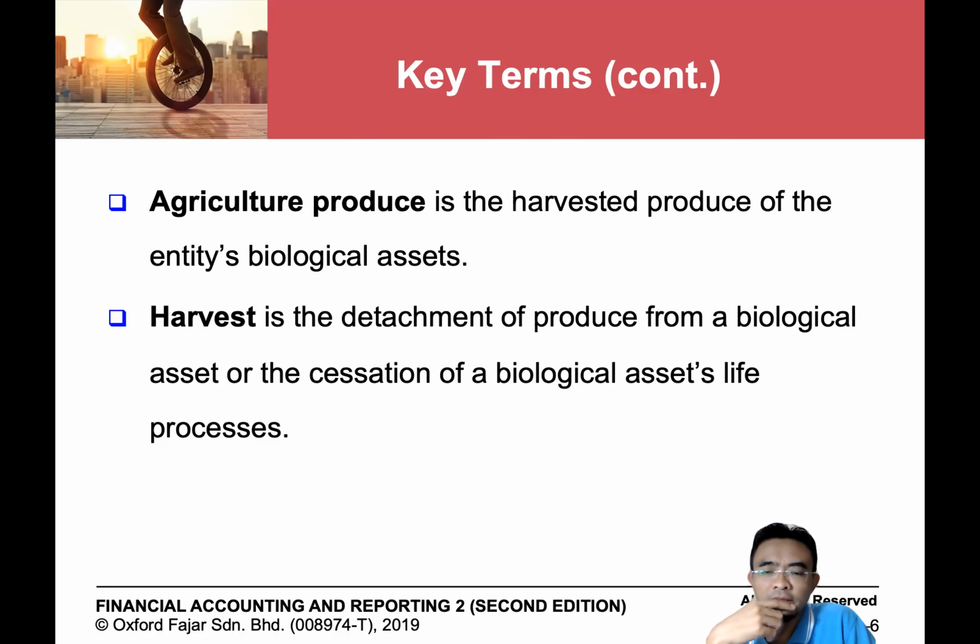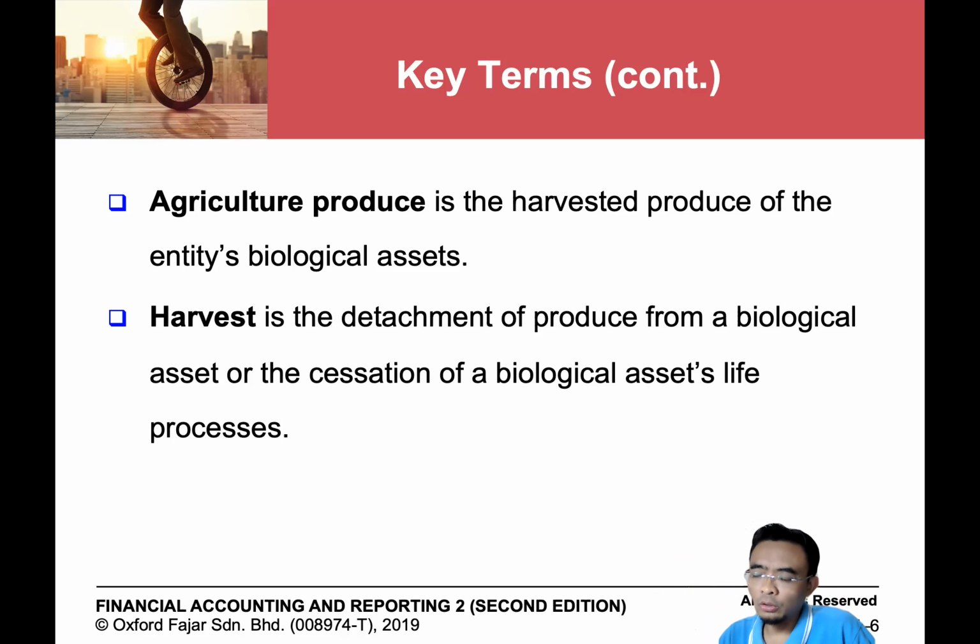And harvest is the detachment of produce from biological assets or the cessation of a biological asset's life process. So when we say it is being harvested, it means we detach the produce from the biological asset. For example, the fruits, we detach and pick the fruits from the trees, so it is called harvest.